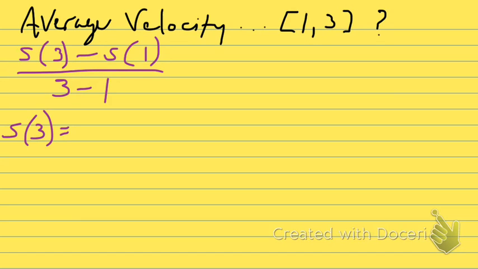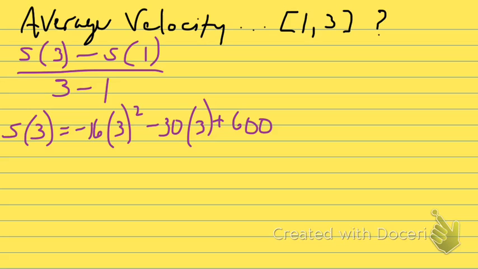I've got to plug it into our original position function, which said negative 16 times whatever that time is squared minus 30 times that time plus 600. If we follow the proper order of operations and work this out, we end up with a position of 366 feet. Let's hold on to that.